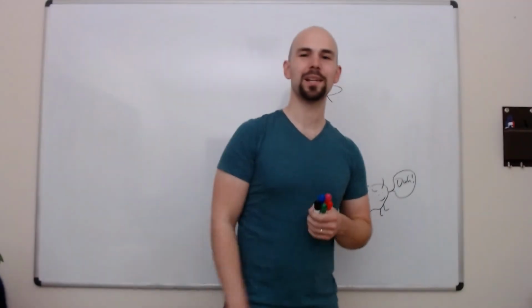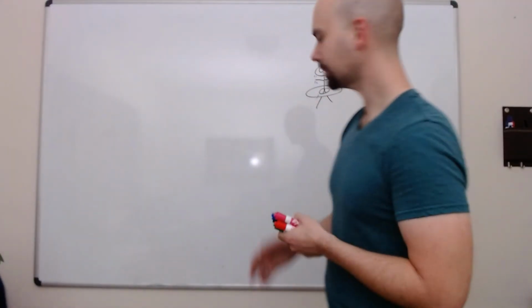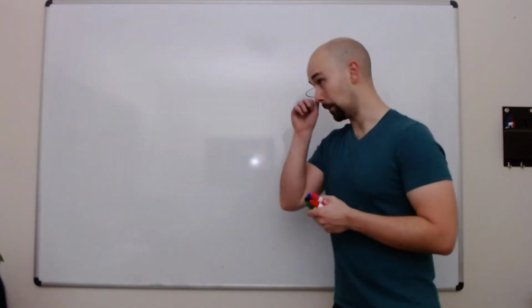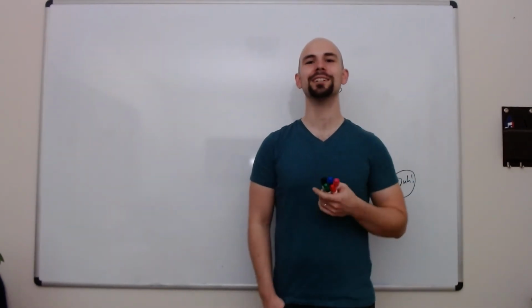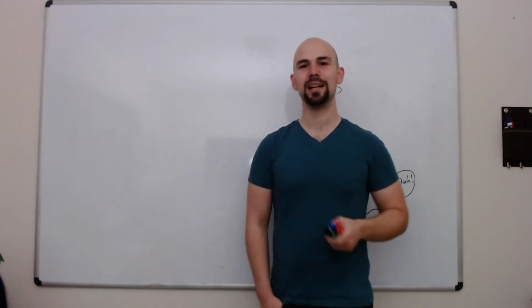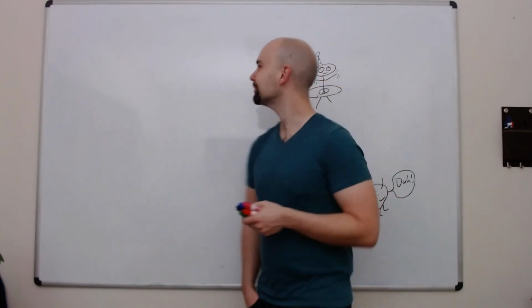One last set of concepts we need to talk about. We talked about the speed of sound, which again was basically going to be 331.5 meters per second plus a certain amount depending on the temperature.